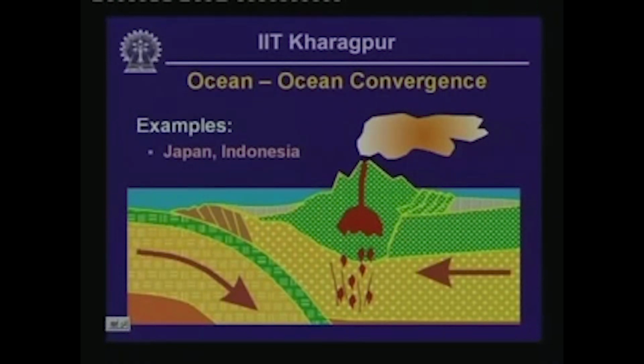I forgot to mention, in this particular ocean to ocean convergence cross-section, as well as in the previous slide where we were considering ocean to continent convergence, the symbols that I am using include the following.